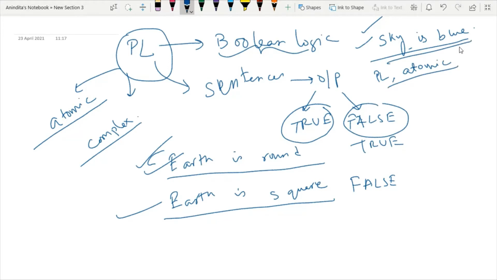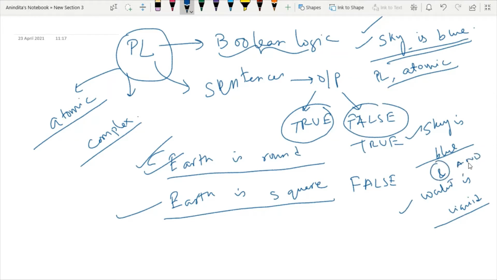Now for complex propositional logic, we can say, for example, the sky is blue and water is liquid. Here try to understand, I am just concatenating two sentences with a connective which is known as the and connective.